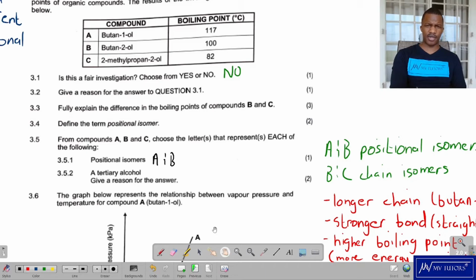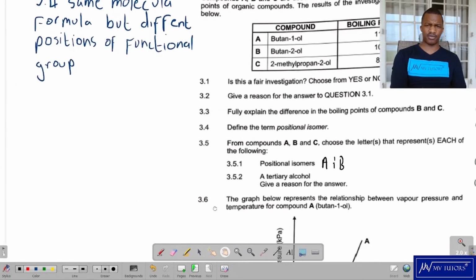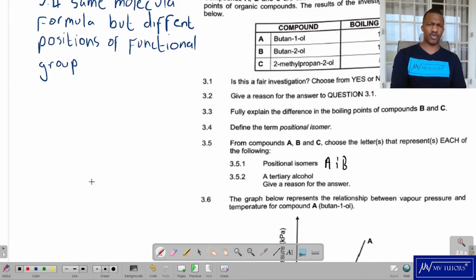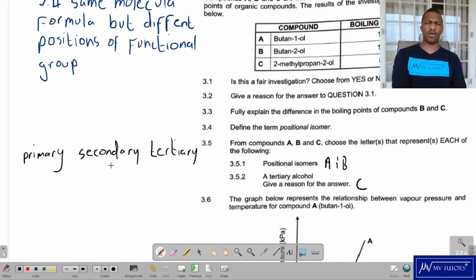Now I need to explain this very carefully to you, in case this will be new to you. So the answer, first of all, is C. It's a tertiary alcohol. So there's a difference between a primary, a secondary, and then we have a tertiary alcohol. These are alcohols.